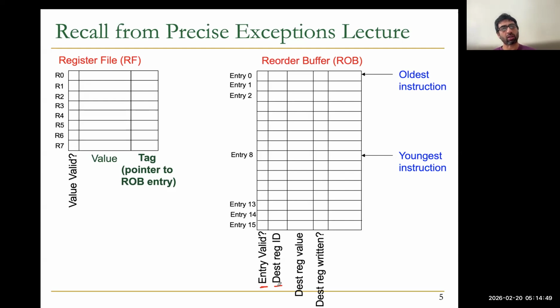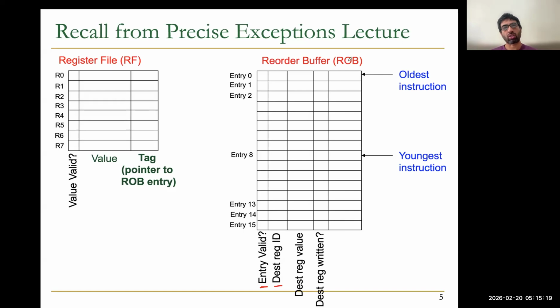So when it enters the decode stage, the entry of that instruction in the reorder buffer is marked as valid, right? And then we record in the second column the destination register of that instruction. In the third column, we have the value which is supposed to be written in that destination register. And the fourth column tells us whether we have actually written that value into the destination register or not yet.